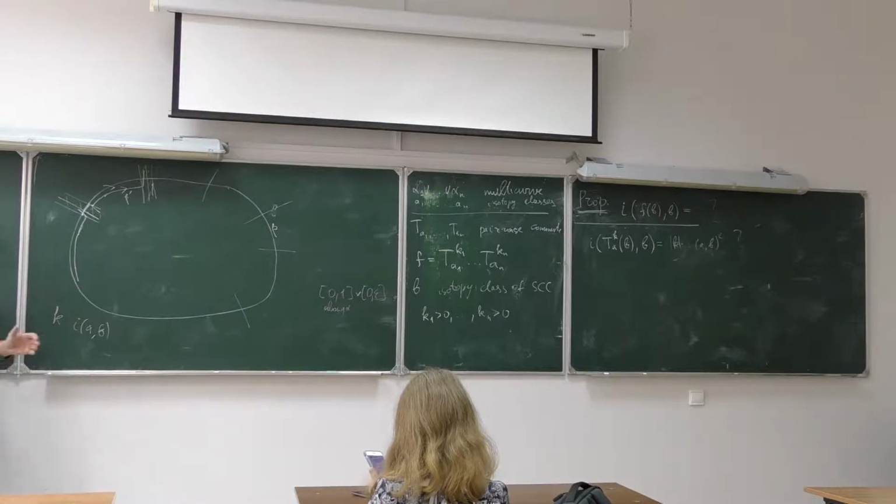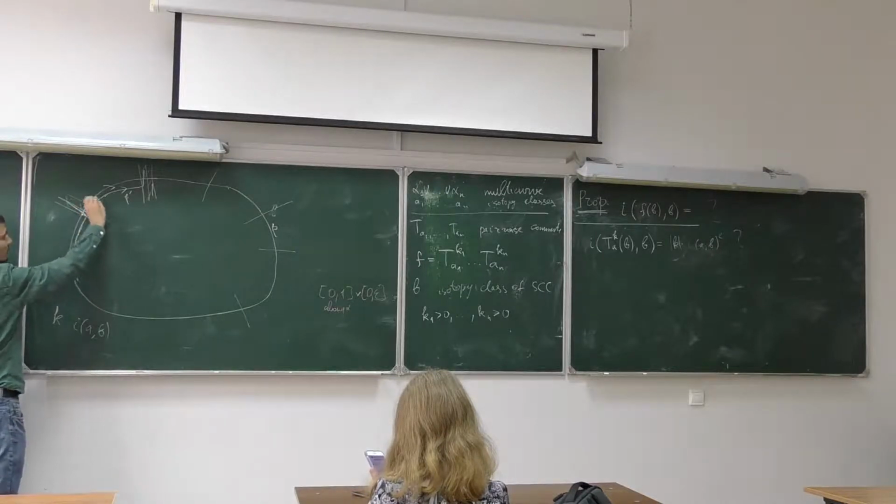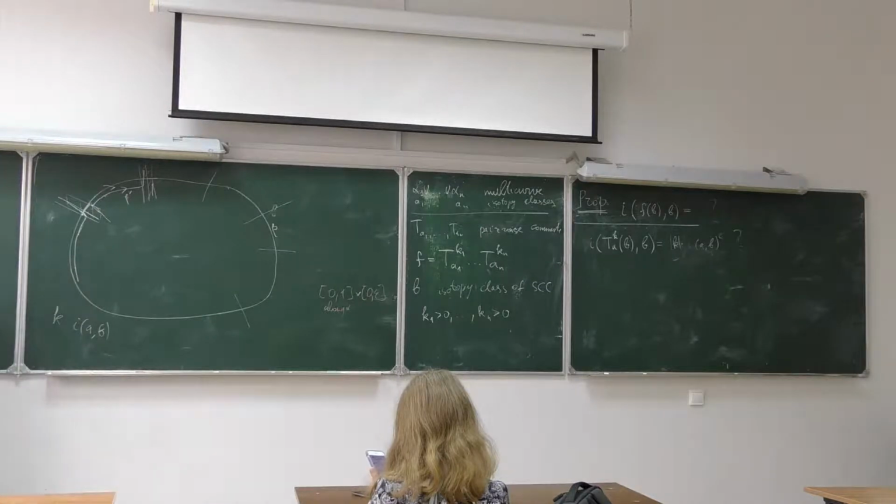So we have k crossings, but this is the number of crossings for one arc. I just consider this arc which starts here and arrives here. There are as many such arcs as the number of intersections of A and B, so we get this. Assume that k is positive.